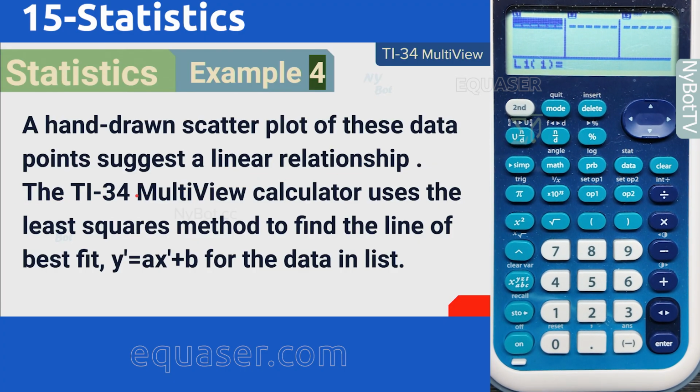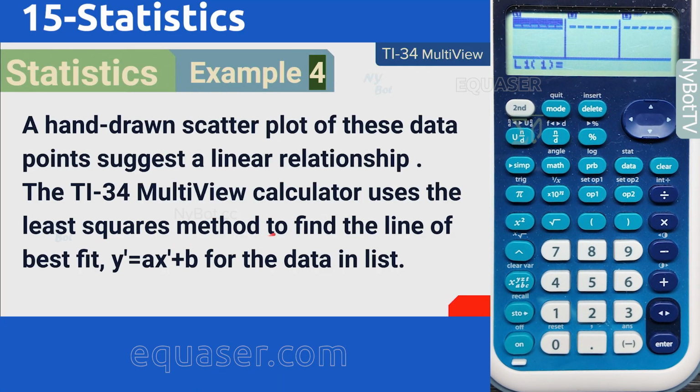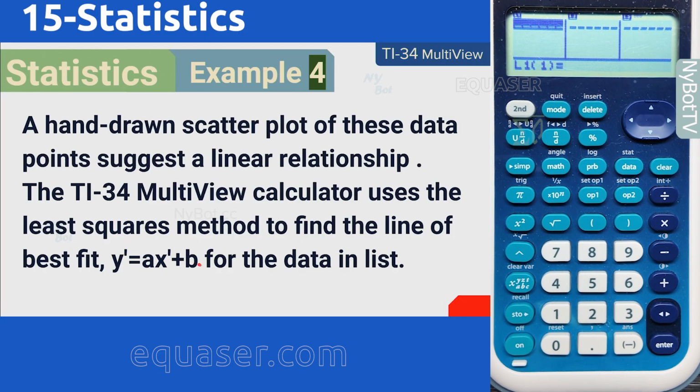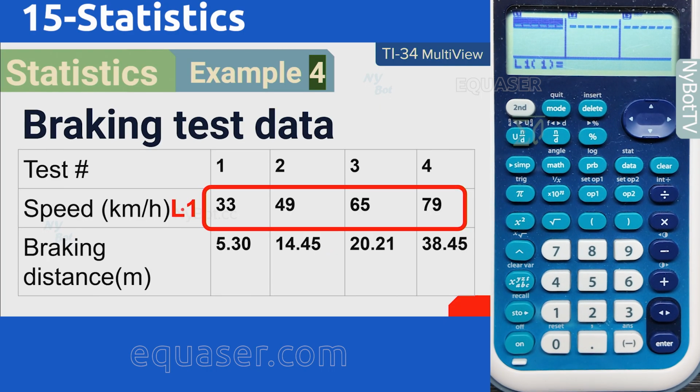The TI-34 MultiView calculator uses the least squares method to find the line of best fit, Y prime equals ax plus b, for the data in the list. So we cleared the data already, and because we don't have 55, we will see from this data, which is linear, we will find out.